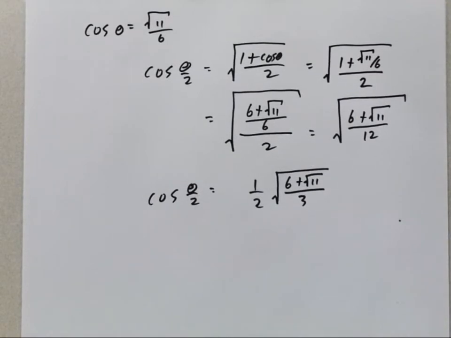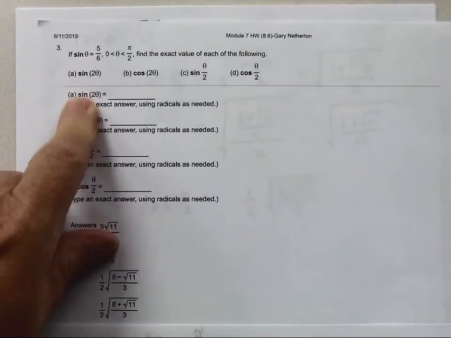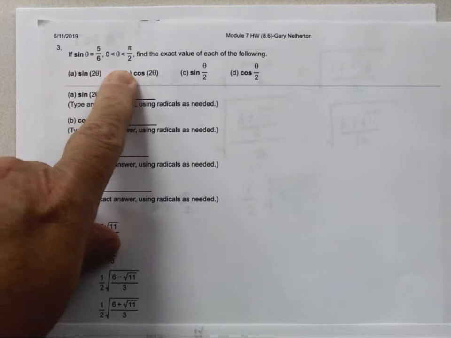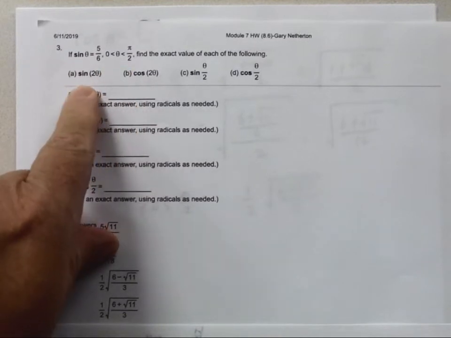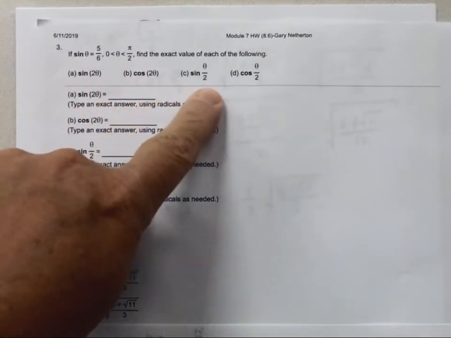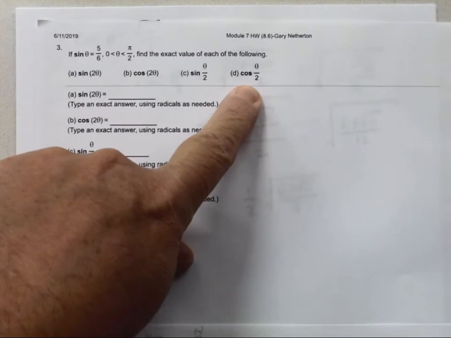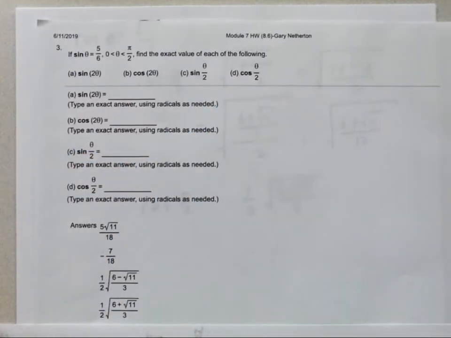Wow. All right, that was one problem. That was this one problem that we worked out. They gave us a trig function, they told us where the angle was, and they asked for these 4 new trig functions.